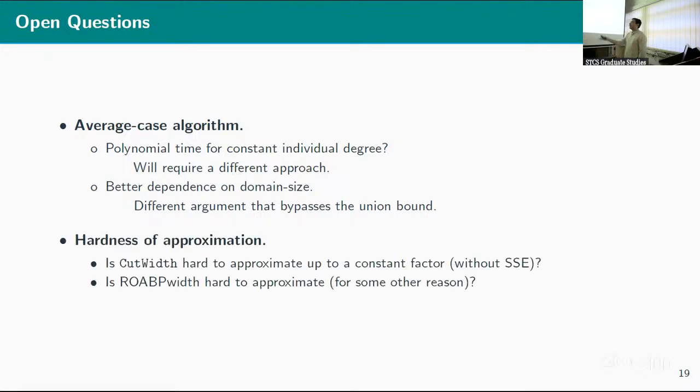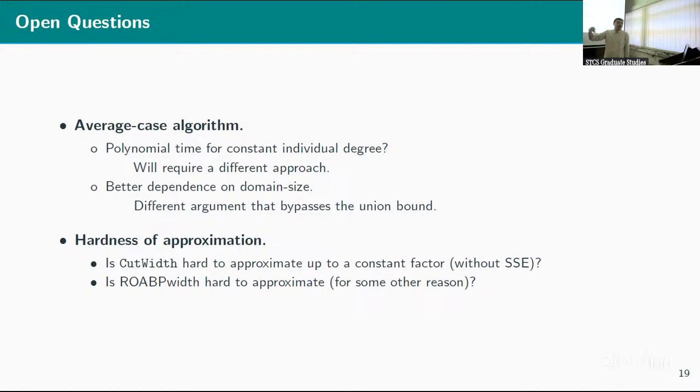And the hardness of approximation, as I told you: can you show cut width is hard to approximate up to a constant without relying on the conjecture? SSE implies UGC, and there is some specific, stronger form of UGC that also implies SSE. Or generally, can you show ROABP width is hard to approximate up to some constant?